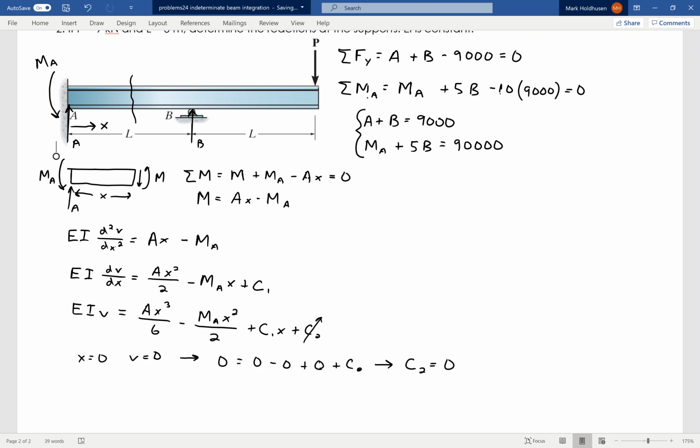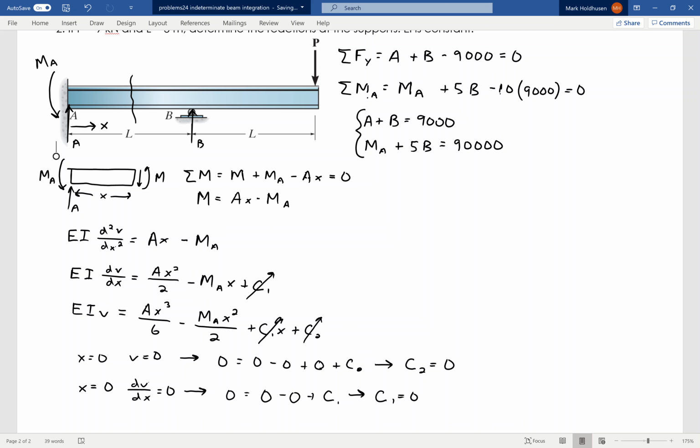The other thing I know is that at x equals 0, the slope also has to equal 0 because I'm rigidly fixed there, so the slope is perfectly horizontal. So dv/dx equals 0. Going up one equation, 0 equals 0 minus 0 plus c1, and I learned that c1 also equals 0. So all this stuff goes to 0 like that.